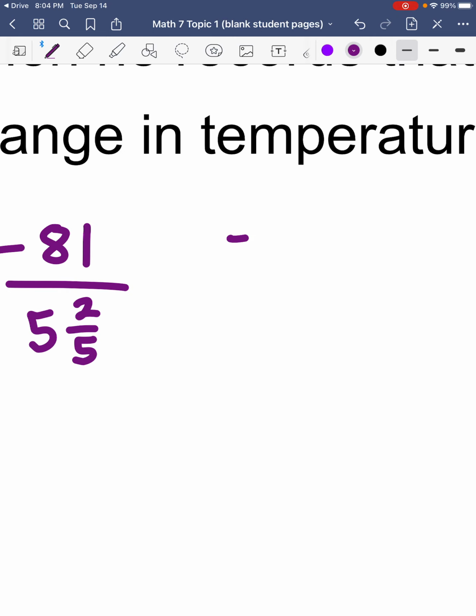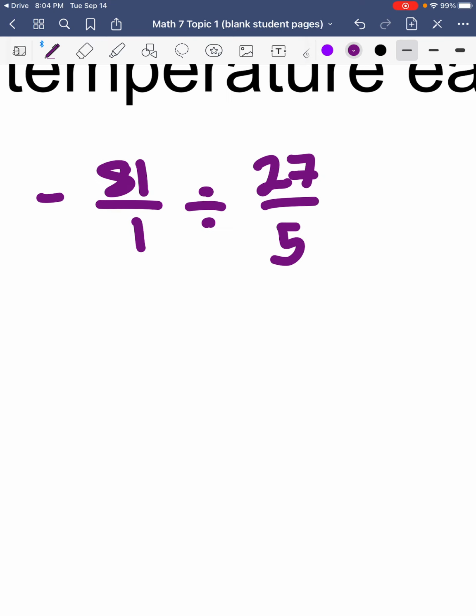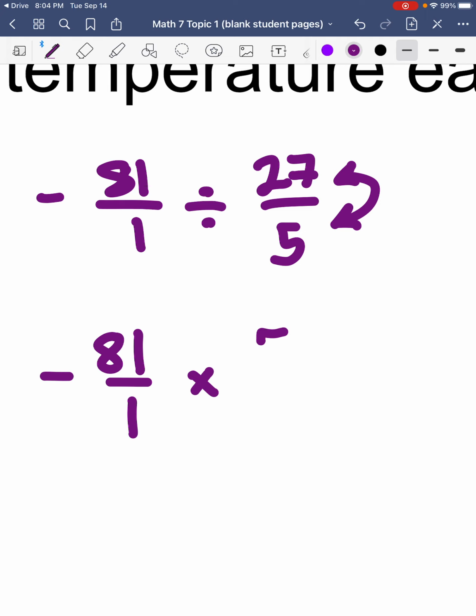So we have negative 81 over 1 divided by, let's write this one as an improper fraction. So 5 times 5 is 25, plus 2 is 27 over 5. Now that we have two fractions, we're ready to do keep, change, flip. So let's keep the first one, negative 81 over 1. Change division to multiplication and flip this one here, so it becomes 5 over 27.